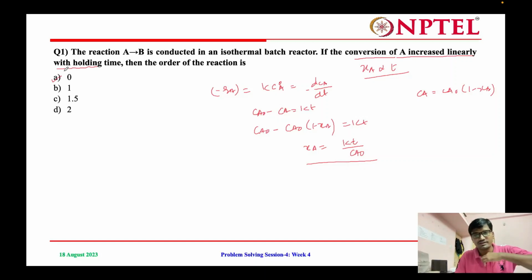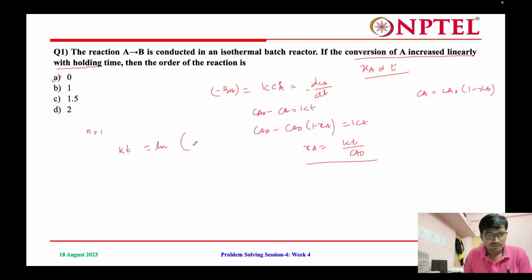So you can check for other orders of reaction, for example, take first order reactions. kt equal to ln of 1 by (1 minus X) for first order reaction.